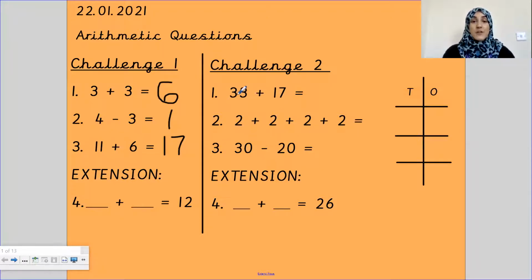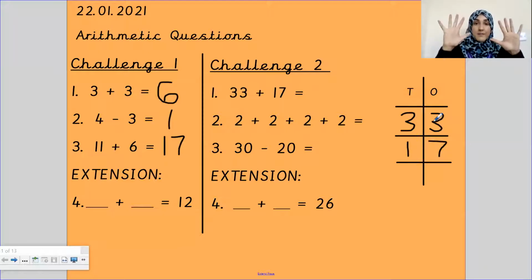Question number 1. We've got 33 add 17. I'm going to put 33 over here and 17 over here. I'm going to start with the ones and add them together. So I've got 3 add 7, which is 10.